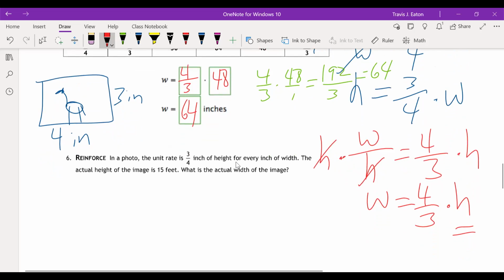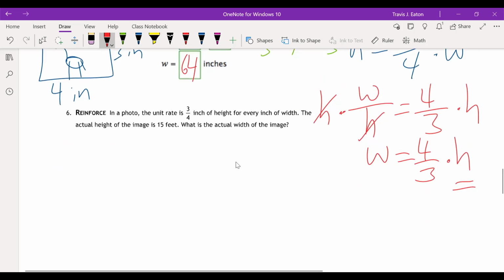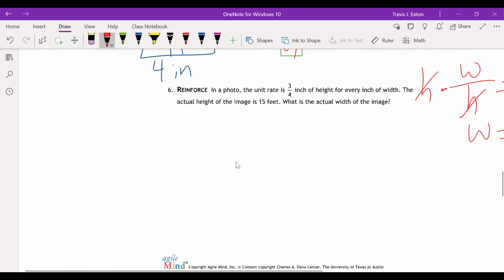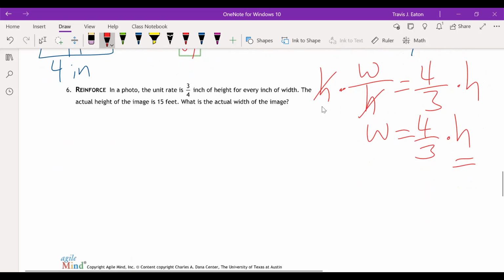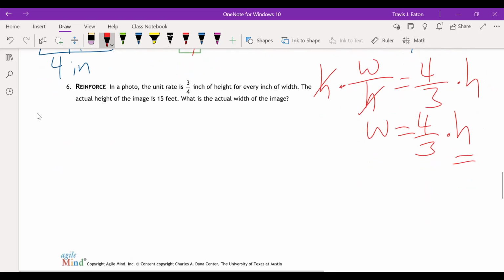Okay. So let's take a look at question number 6. In a photo, the unit rate is 3/4 of an inch of height for every inch of width. And the actual height of the image is 15 feet. So what is the actual width? Well, the great thing about this is we can set up a proportion. Remember the whole thing with unit rate.